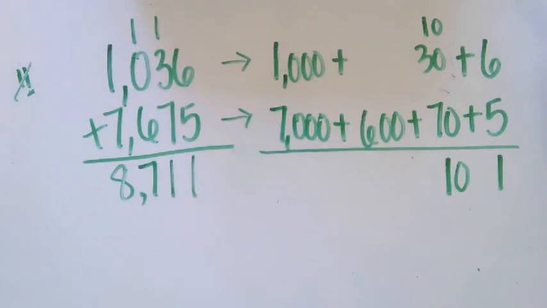Okay? So I'm going to go ahead and do it this way just to make sure that you know what the original problem is and how many I'm bringing over from my ones place. So 10 plus 1 would give us that 11.